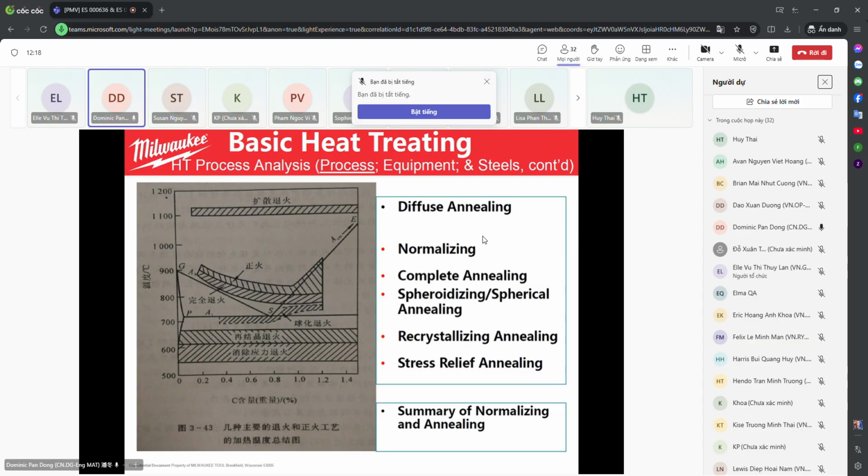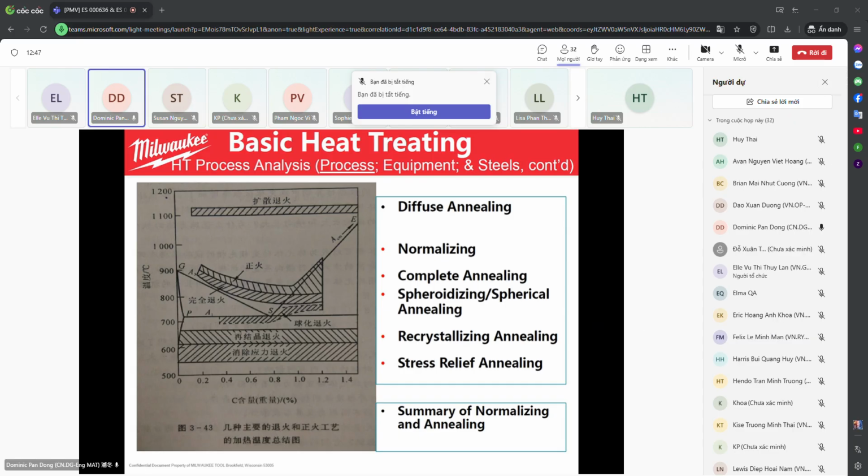Right now, we only see that, in simple terms, with different temperature settings we can get different types of heat treatment processes like normalizing, full annealing, spheroidizing annealing, recrystallization annealing, stress relief annealing, and more.